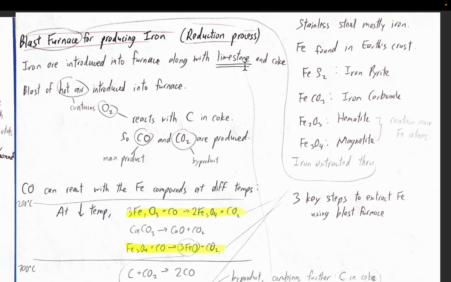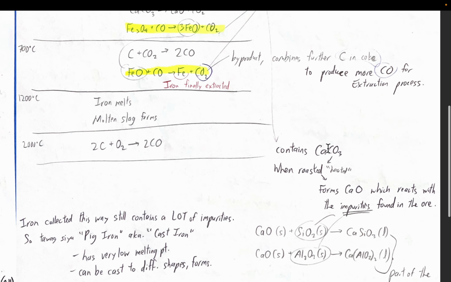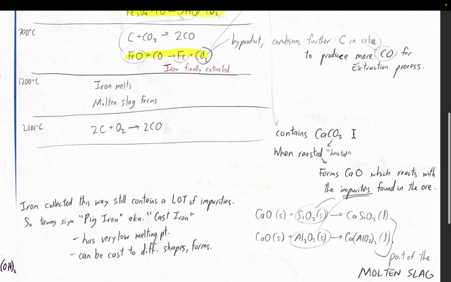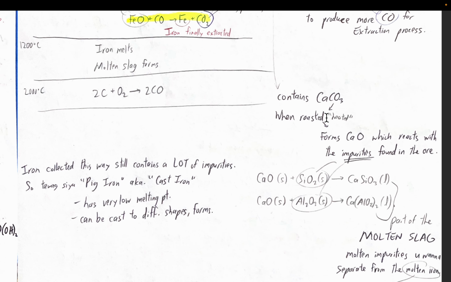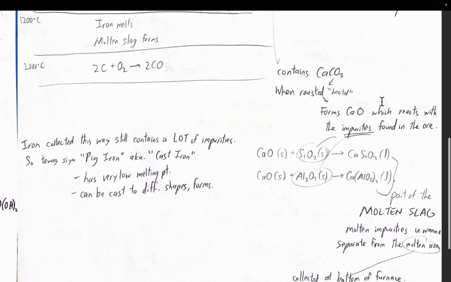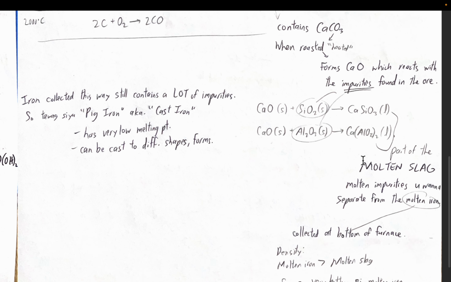Limestone, mentioned earlier, contains something called calcium. I believe this is carbonate. When you roast or heat it, it forms calcium oxide. I think that's what you call it. And this reacts with the impurities found in the ore: silicon dioxide and aluminum oxide.